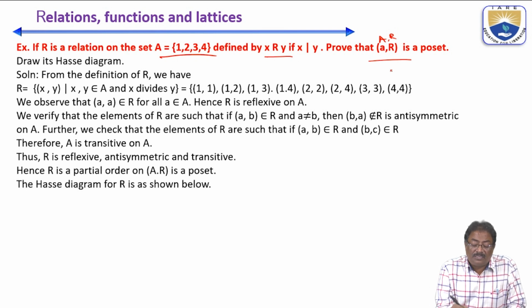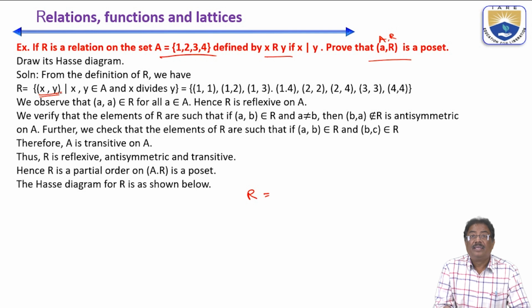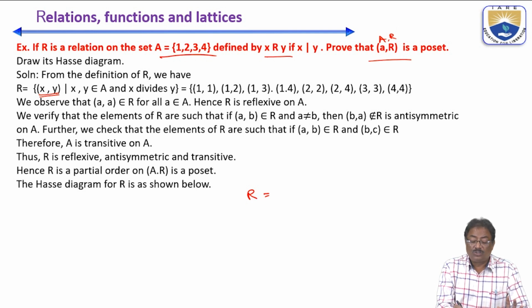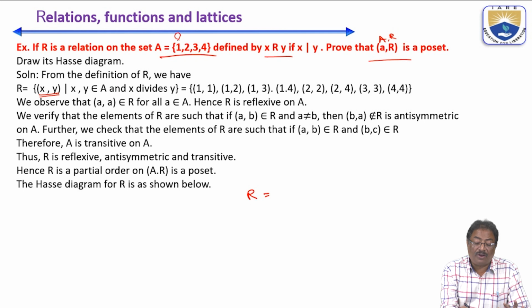For the divisibility relation, (x, y) means x divides y. So 1 divides itself, 1 divides 2, 1 divides 3, 1 divides 4.